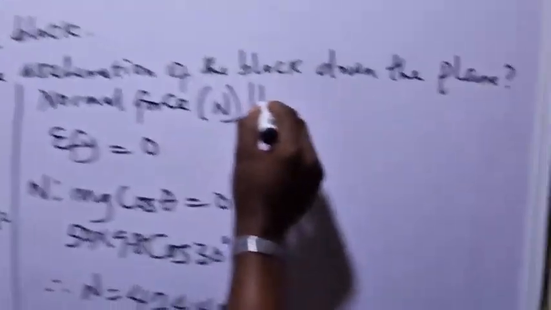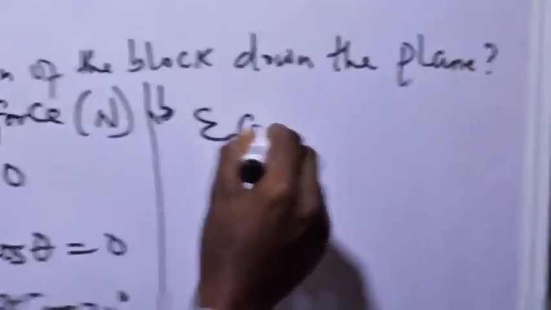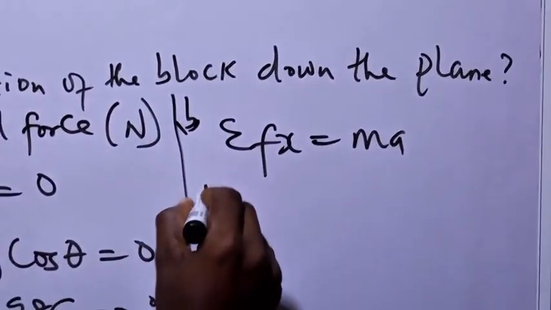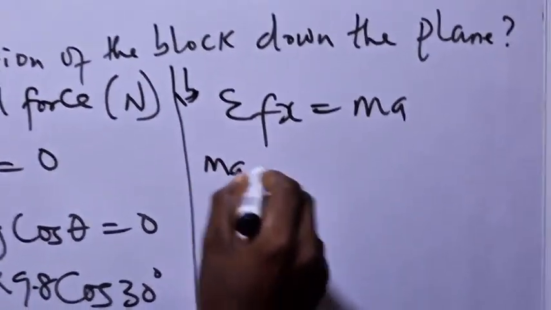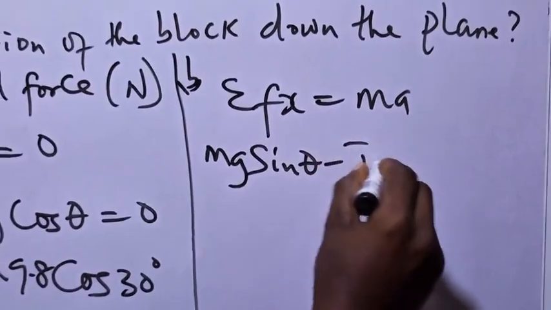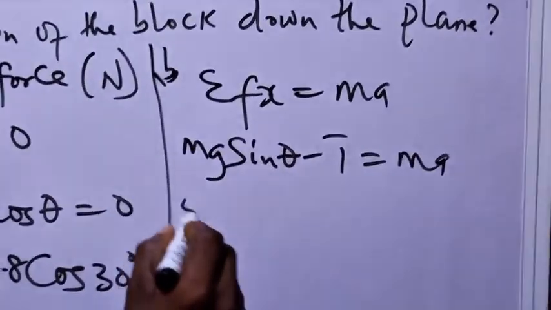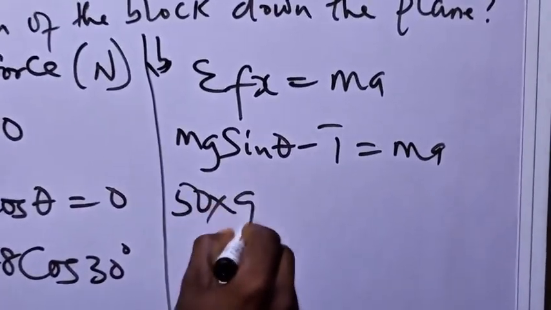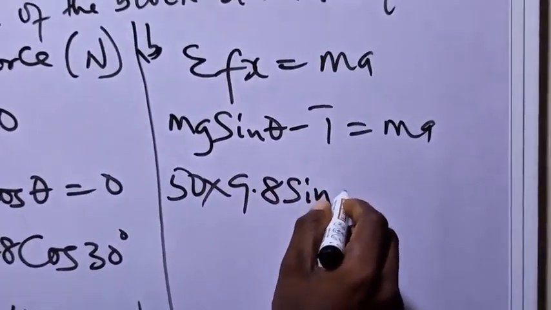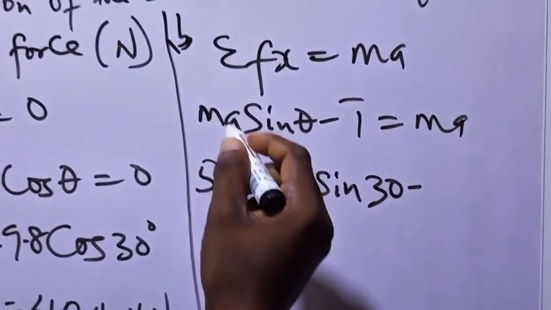Now for B, we have the summation of F on x equals to ma, mass times acceleration. Now we have here mass times acceleration due to gravity times sine theta minus tension equals to ma. Now the mass here is 50 times 9.8 times sine, the angle is 30 degrees, minus tension.